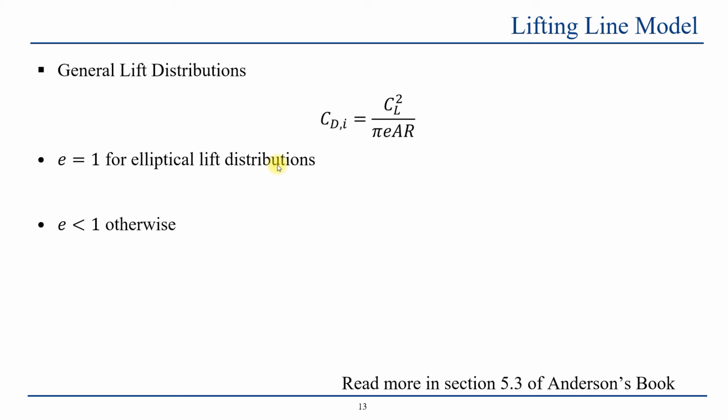So you expect the CDi to be more, because it's not ideal anymore. That means you will have E, the efficiency factor, less than 1. Because it's in the denominator, the CDi value is going to grow when you do not have the elliptical lift distribution or the ideal wing planform.